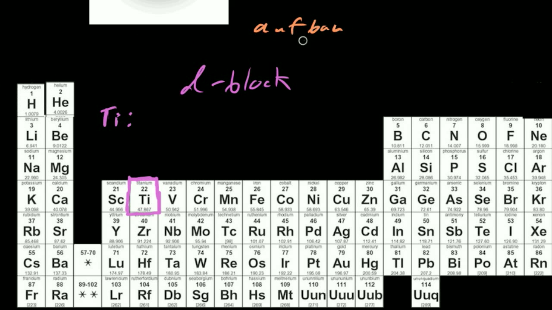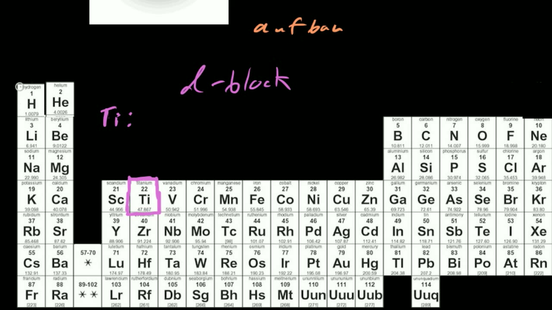We start with the lowest energy electrons, the ones that spend most of their time closest to the nucleus, and fill the electron orbitals using the Aufbau principle. Again, we'll talk about that more in the future.